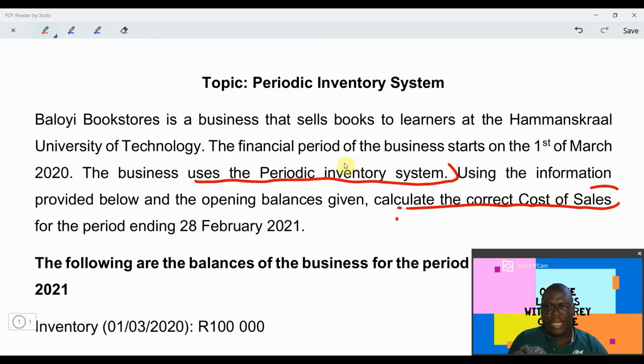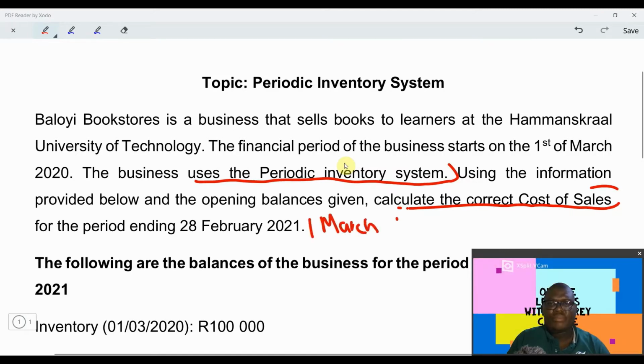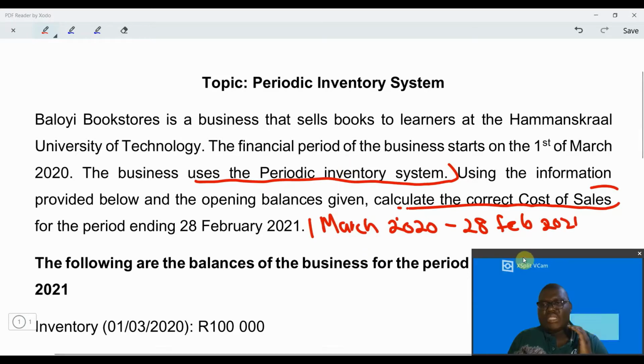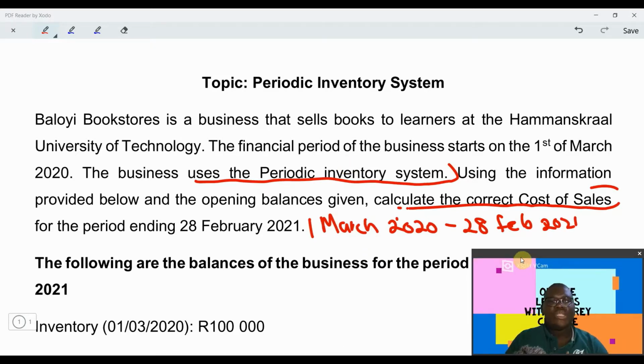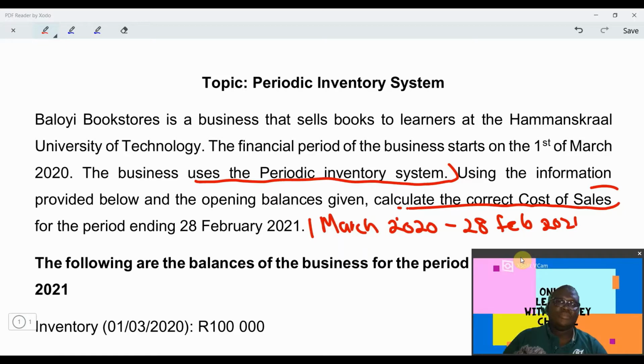We know that the beginning of our financial year is supposed to start on 1 March 2020 to 28 February 2021. So once you have established the financial period, you're almost a step ahead. You've already established one of the most important elements in accounting.